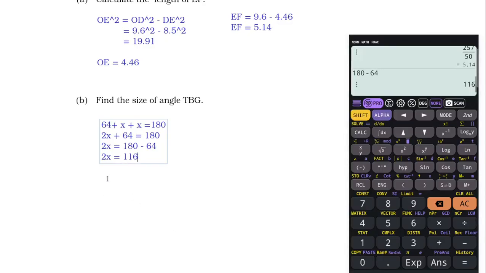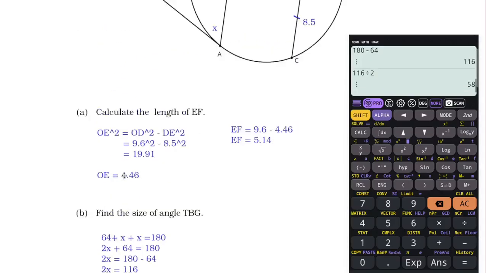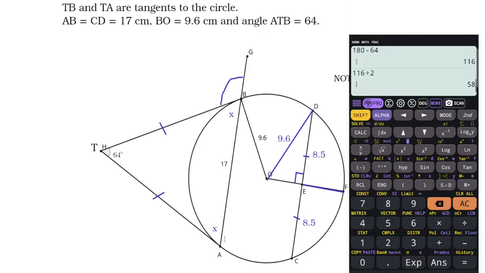Then dividing both sides by 2, you get that x is equal to 58 degrees.